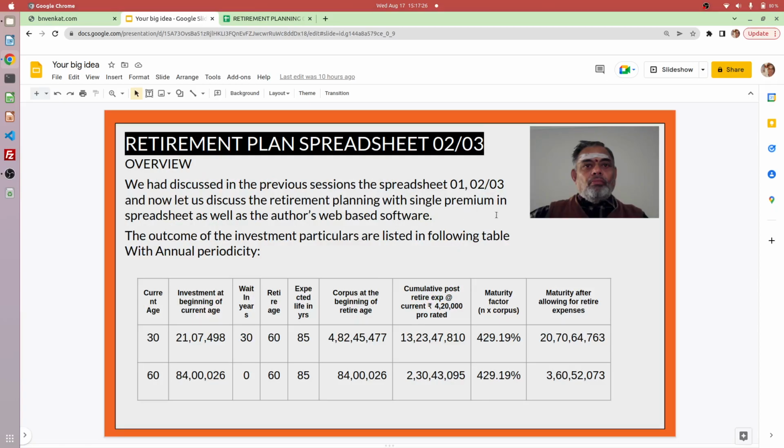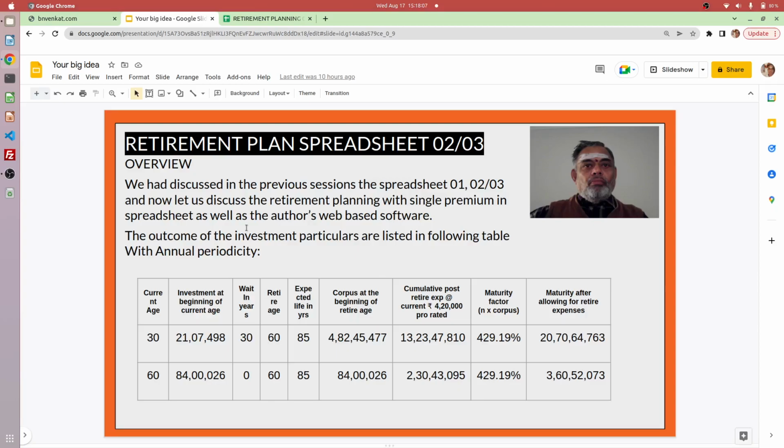We had discussed in the previous sessions the spreadsheets 01, 02, 03, and now let us discuss retirement planning with single premium in spreadsheet as well as the author's web-based program. The outcome of the investment particulars are listed in the following table with annual periodicity. For a 30 year age entrant, one would require a single premium of 21 lakhs with a 30 year waiting period.